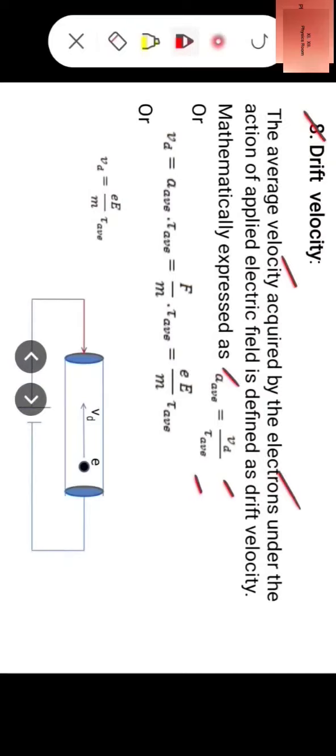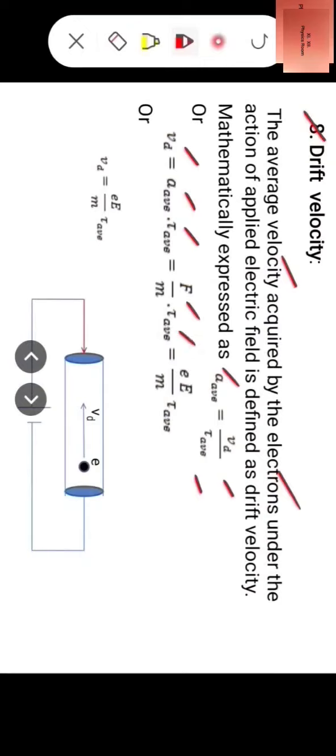Or we can write from this equation Vd is equal to a average into tau average. And a average is replaced by F by m because according to Newton's second law of motion, acceleration is force divided by mass. So we replace here a average by F by m and tau average as it is.